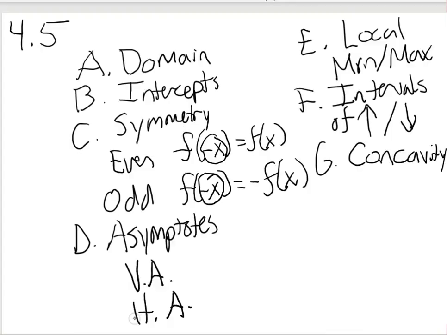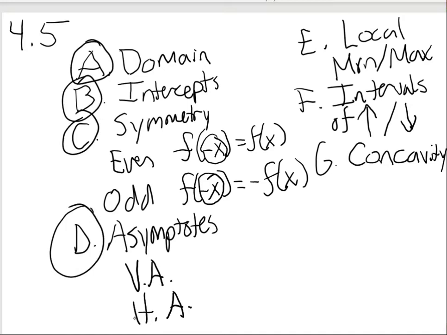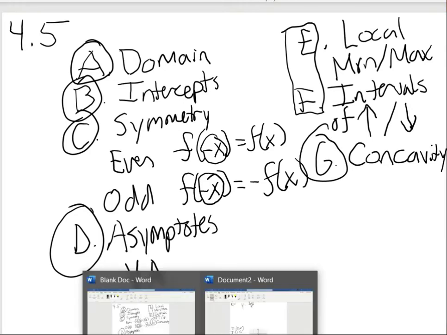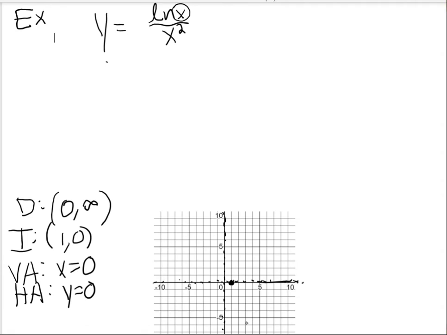Okay, so what's next? We took care of domain, intercept, symmetry, and asymptotes. So next is our first derivative test, and our concavity test, using the second derivative. So to take the first derivative of this thing, you have to use the quotient rule.